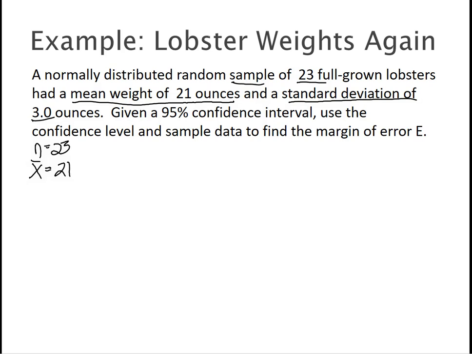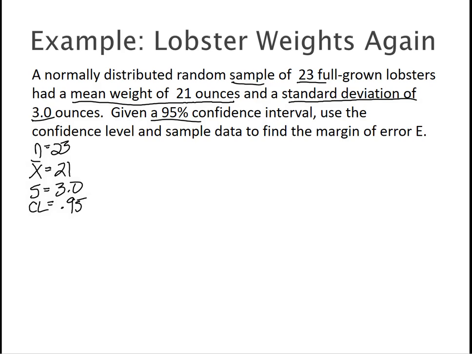So I have to quickly decide for myself, is this a sigma or population standard deviation, or is this an S or a sample standard deviation? Well, since it says in the first part of the problem that this is a random sample, I'm going to assume that this is a sample. So I know that S is 3.0. So I have a sample standard deviation. And then I need a 95% confidence interval. So my confidence level is 0.95.